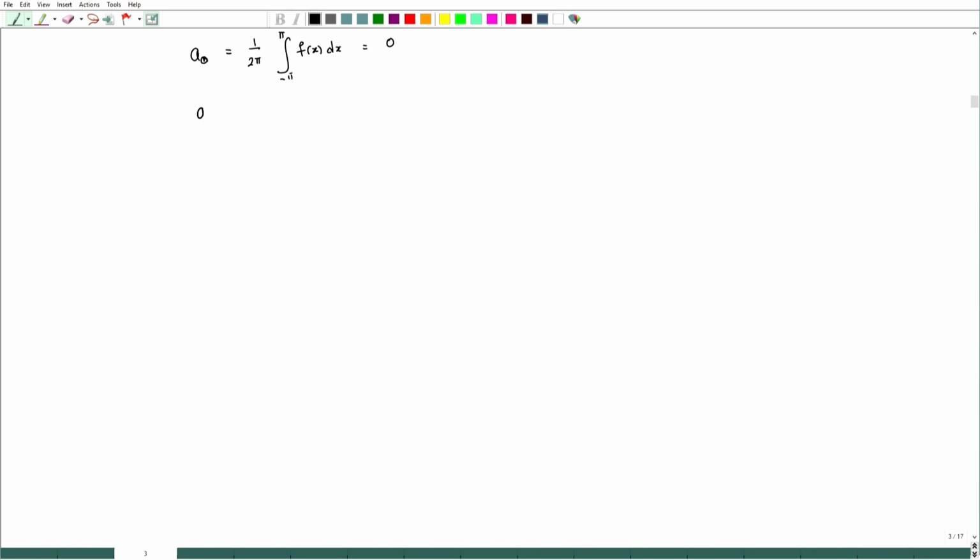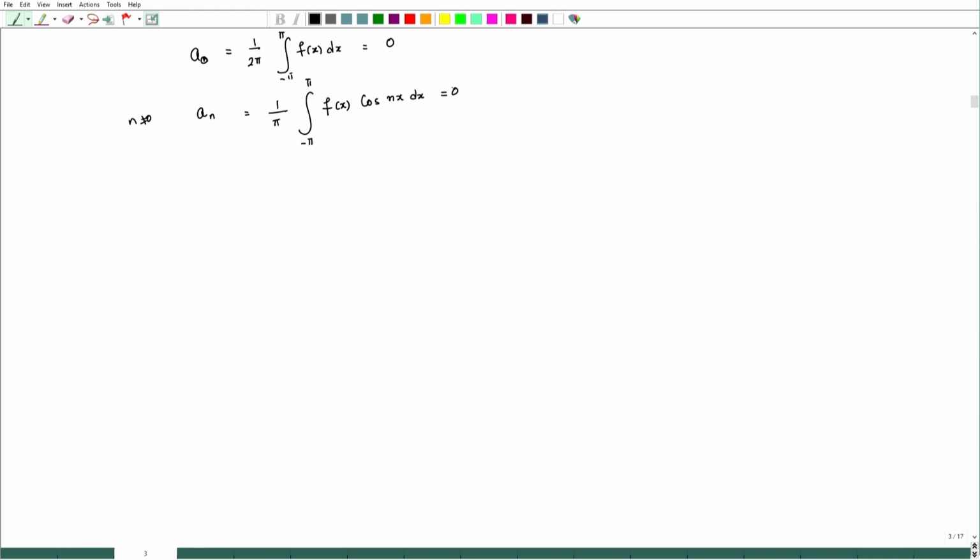And a_n for n not equal to 0 is again 1 by pi integral minus pi to pi f of x cos n x dx. So, recall that f is odd and cos is an even function, therefore the product is going to be an odd function.